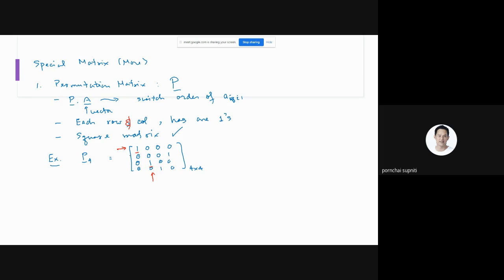What do I mean by permutation matrix that I asked earlier? Let's say that I multiply P4 with another vector. Just for simplicity, let's put 1 2 3 4. Let's see what happens when we multiply this vector with the permutation matrix.